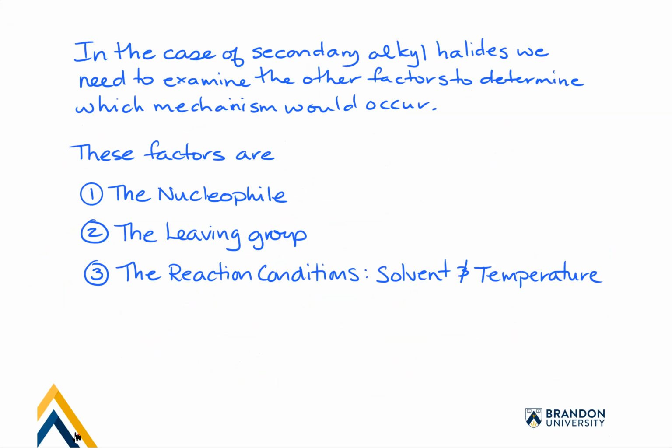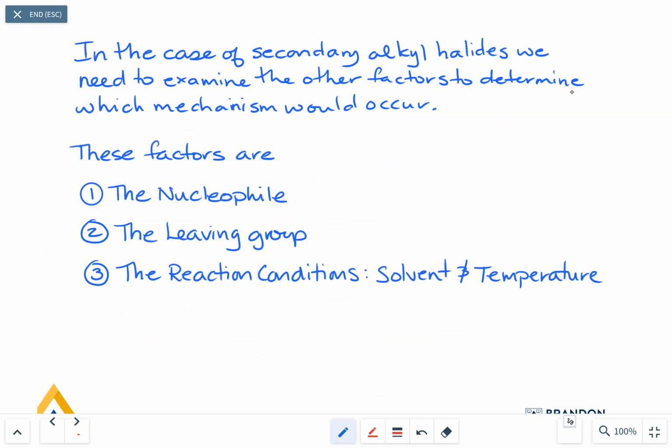All right, now, if we've got a primary alkyl halide, it's got to be SN2. If it's tertiary, it has to be SN1. But in the case of secondary alkyl halides, we have to do further analysis to determine which mechanism is going to occur. There are a couple of factors that are really important, and we're going to go through them all.